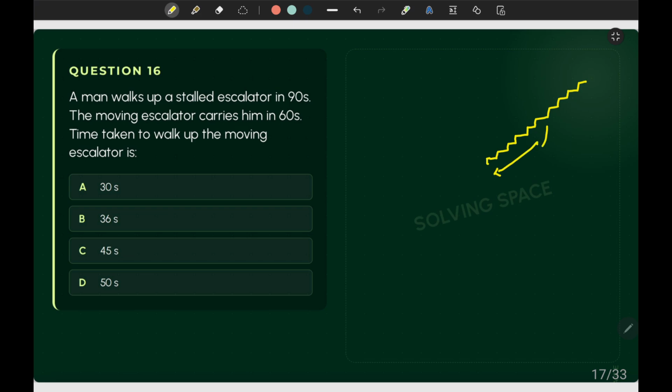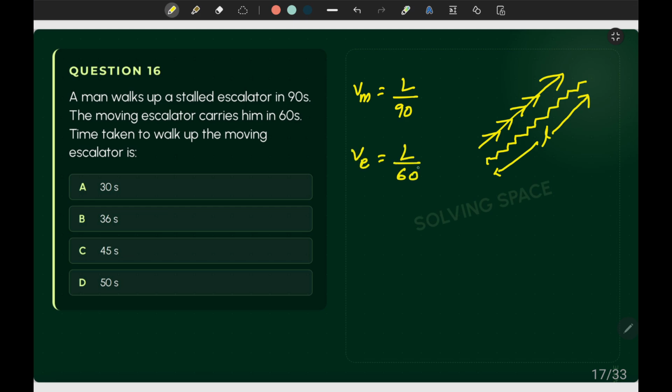Let its length be L. When this escalator was not working, the man takes 90 seconds to go up. That means the speed of the man will be equal to total length by time, L by 90. And when the escalator moves upward itself, it takes 60 seconds to reach the top. That means the velocity of the escalator will be L by 60.